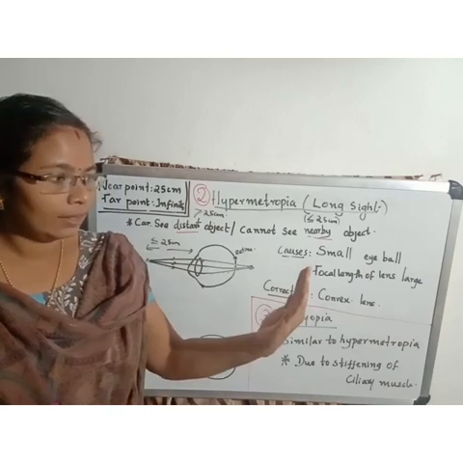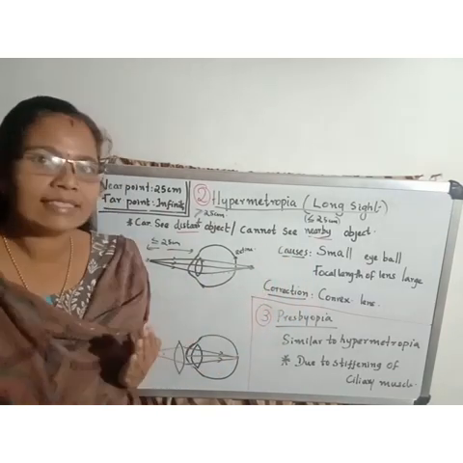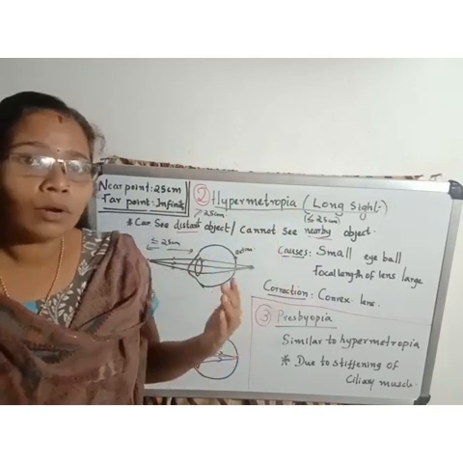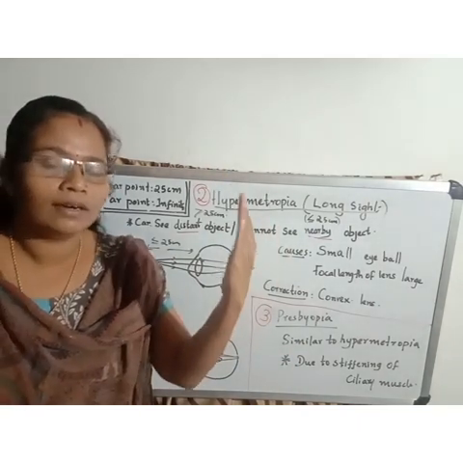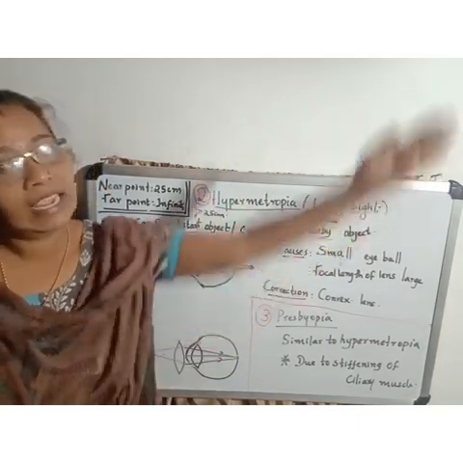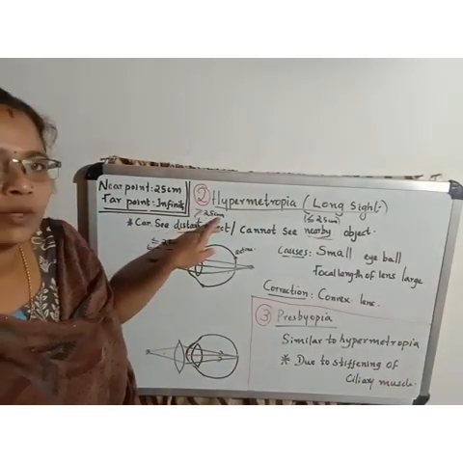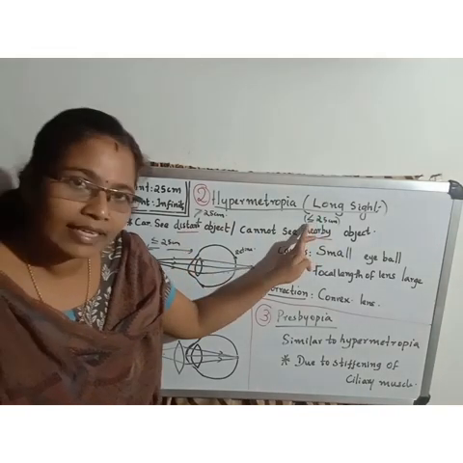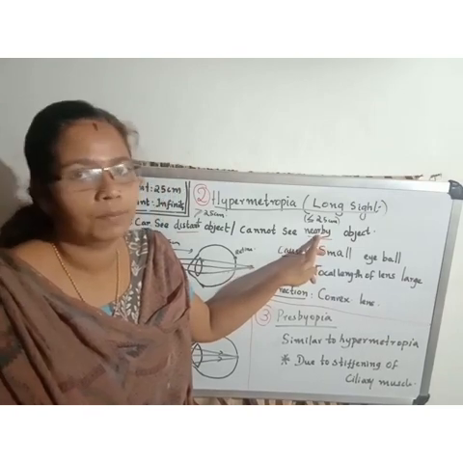He will be able to see if you are keeping an object greater than 25 centimeter. Greater than 25 centimeter is a distant object, and less than or equal to 25 centimeter is a nearby object.